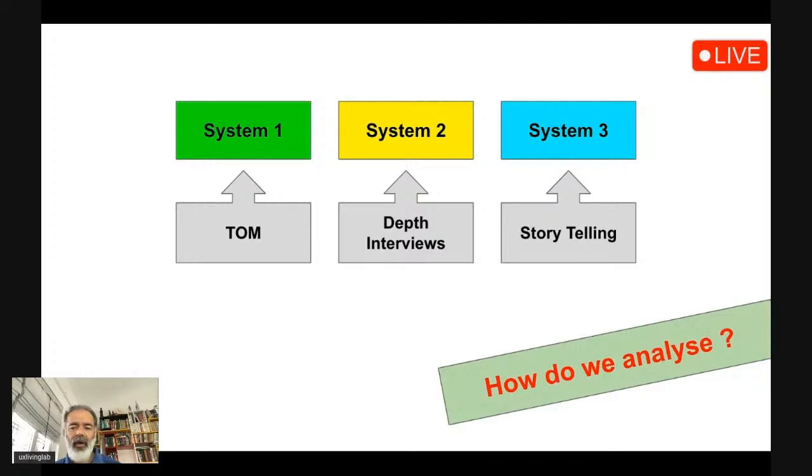So when we divide these into system one, two, and three, we can apply top of mind, depth interviews, and storytelling. Being a UX designer, you have to divide these three aspects. Otherwise, a UX designer can't analyze what is happening inside the consumer's mind.